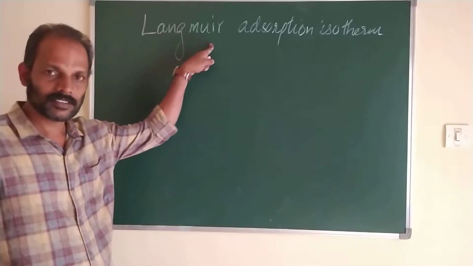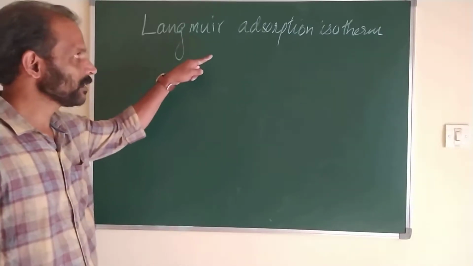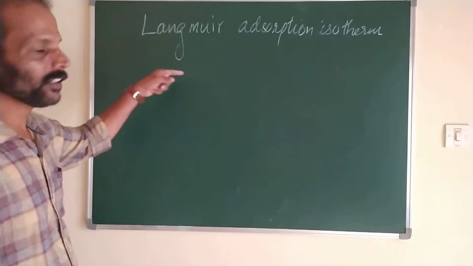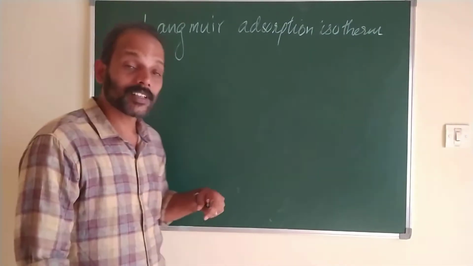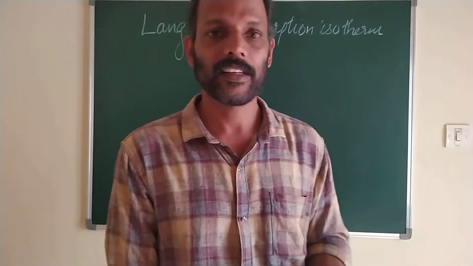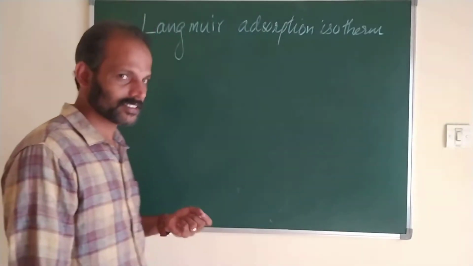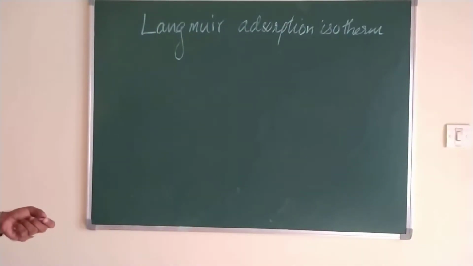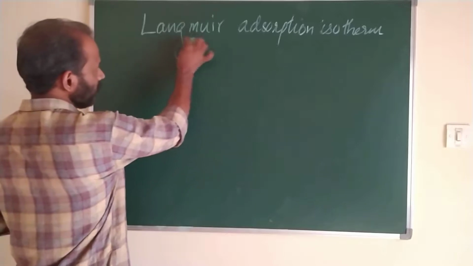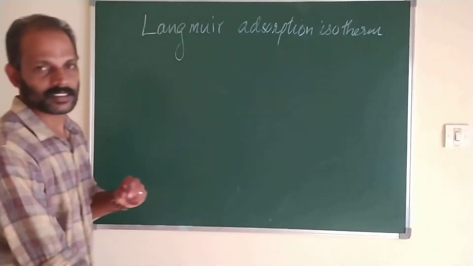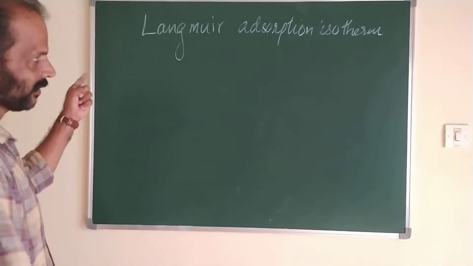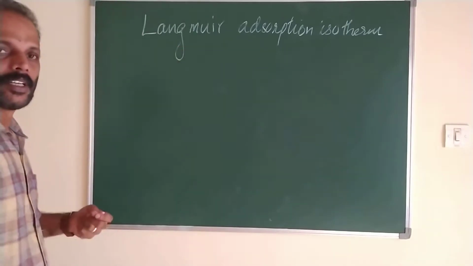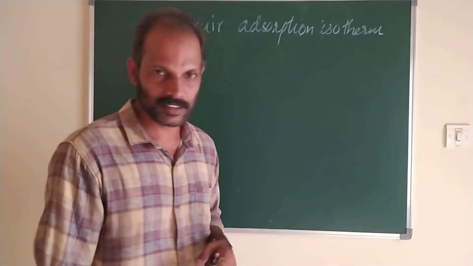Langmuir, who won the Nobel Prize for chemistry for his devoted work in surface chemistry and surface reactions. He developed the theory and derived the isotherm using some assumptions.